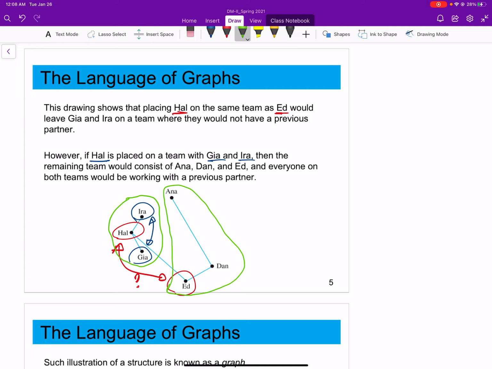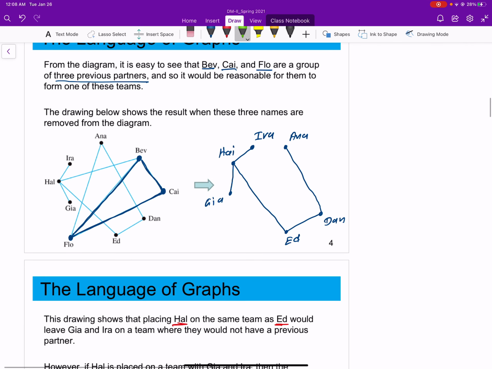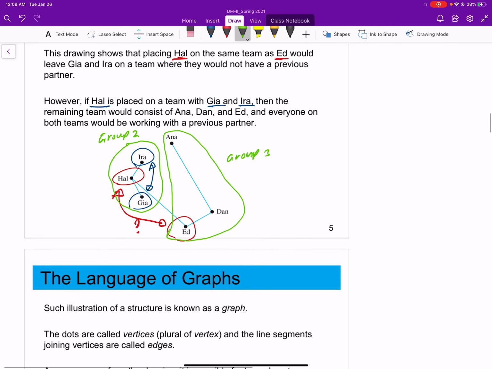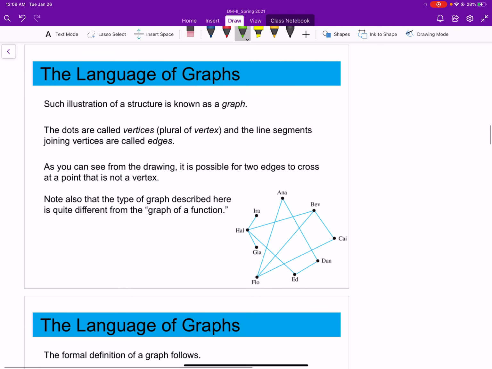Okay. This is group 3. This is group 2. So let me mark group 1. This is group 1. Alright, so this way we can make groups. Making groups was very easy because you are given this nice structure.